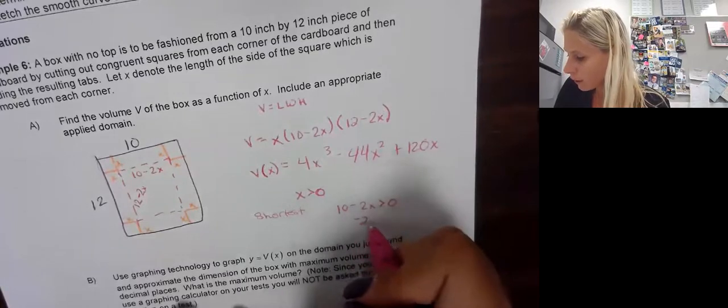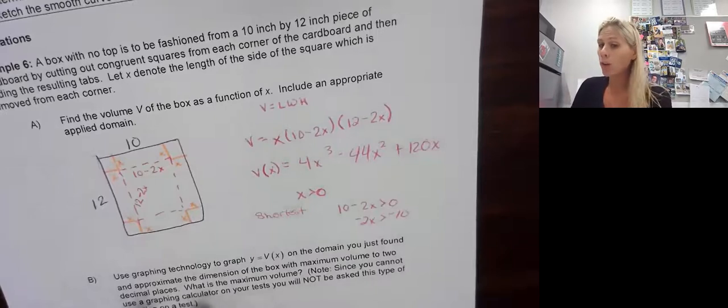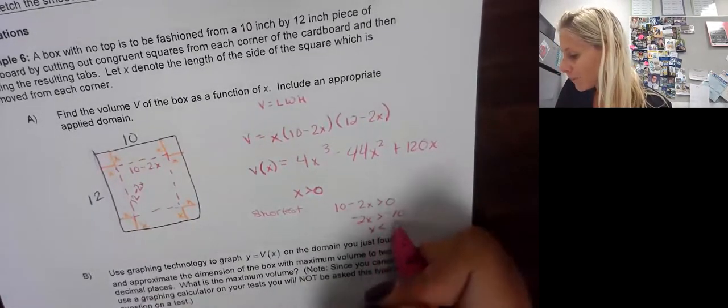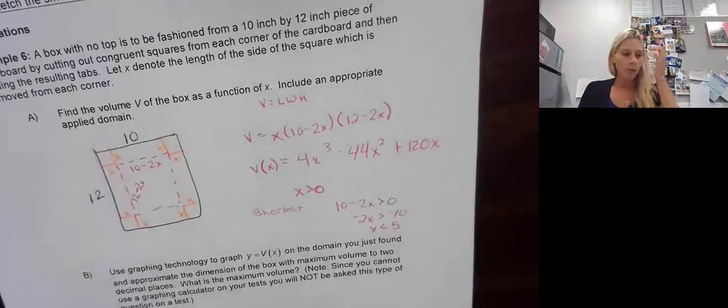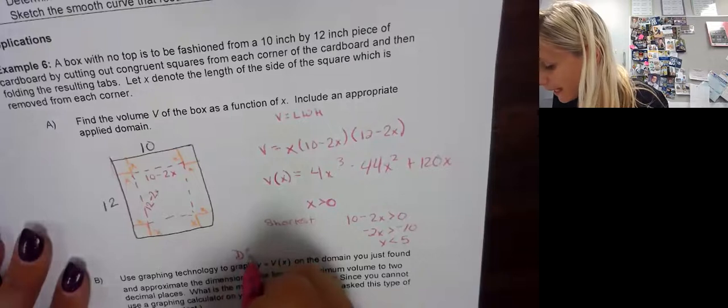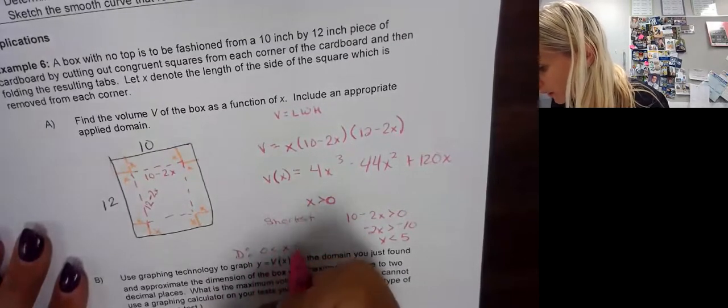So negative 2x greater than negative 10. Now don't forget, if we divide by a negative, we have to switch the sign, and we get 5. So the domain for this problem is that x is in between 0 and 5.